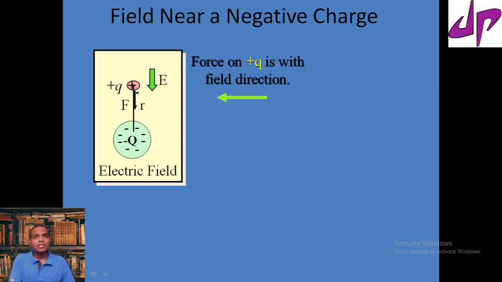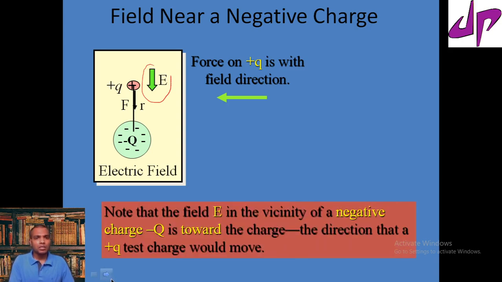So the force direction and electric field direction are the same. These are the two differences for the positive source charge and the negative source charge. Note that the electric field E in the vicinity of negative charge minus Q is towards the charge, the direction that a plus Q test charge would move.